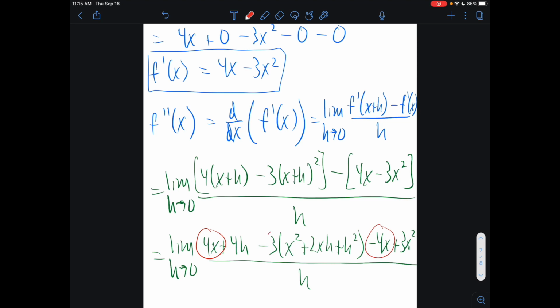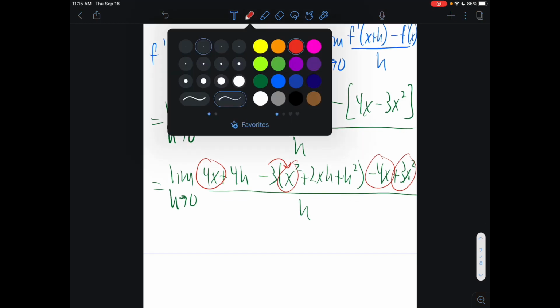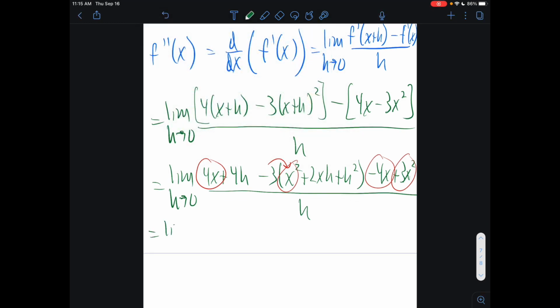And then when I distribute the negative 3, I'm going to be able to cancel out with that positive 3x squared, so we can ignore this piece of that distribution. And what I get is the limit as h approaches 0 of 4h minus 3 times 2xh, that's minus 6xh, and then minus 3 times h squared.